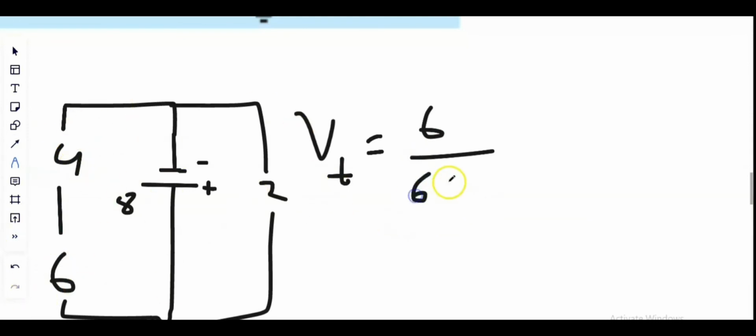So it's 6 plus 4, the whole multiplied by the total voltage.